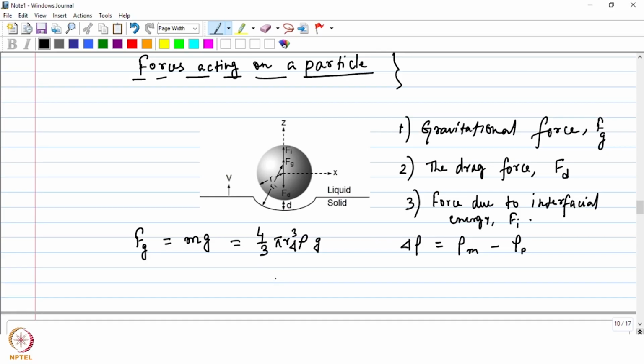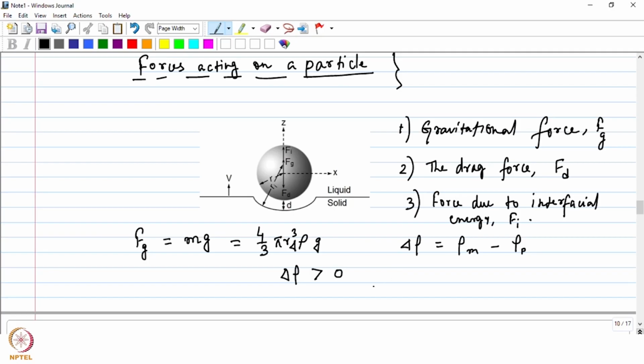So from here you can see if delta rho is greater than 0, that means the density of the metal is more than the density of the particles.